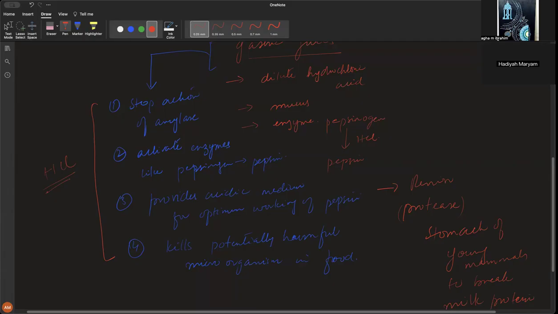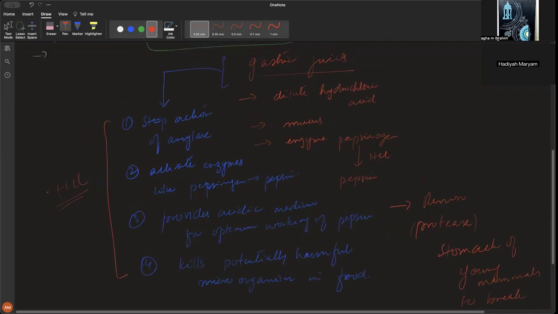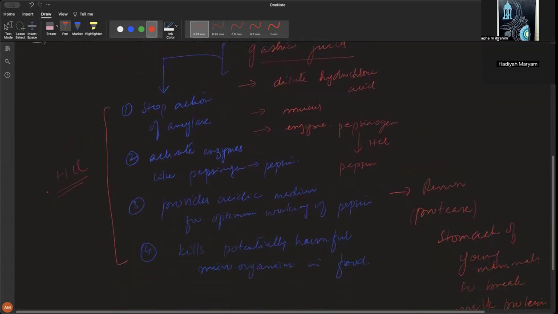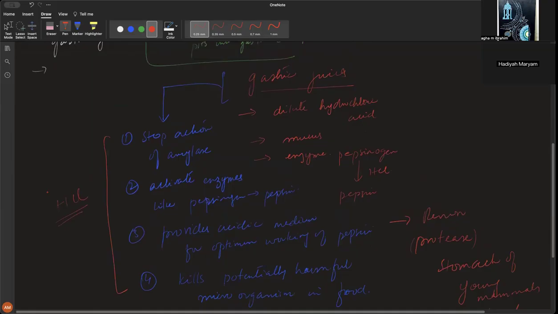So what is written in red is what makes up the gastric juices, and in blue is what these gastric juices facilitate. Okay, have you written all of it? All right, so what is going to happen now?